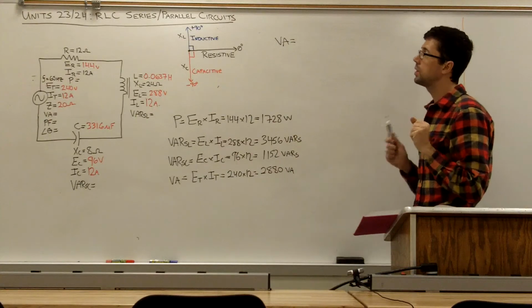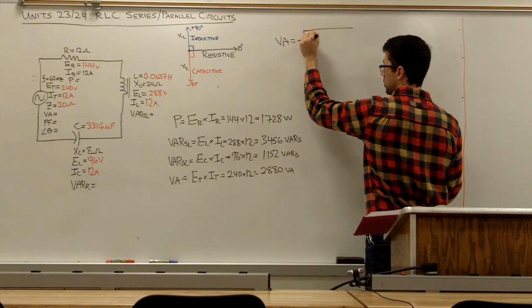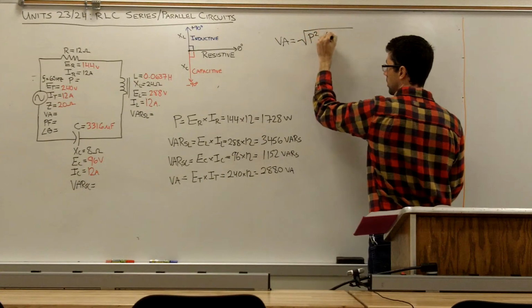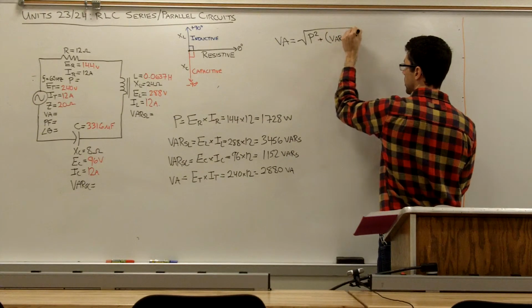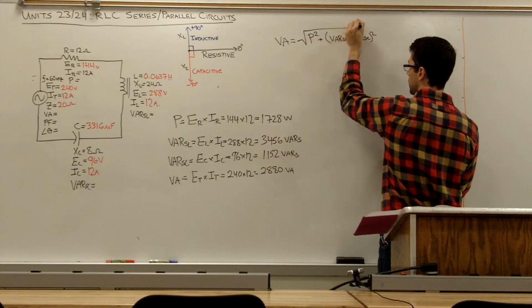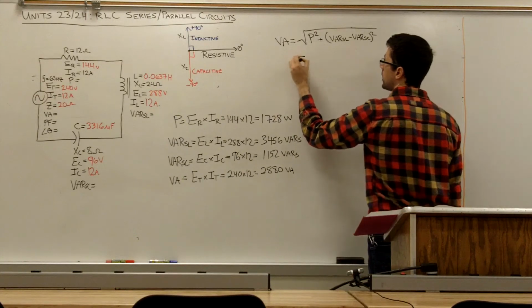Once again, we must treat these as vectors. So this is going to be equal to the square root of the true power squared plus (the reactive power of the inductor minus the reactive power of the capacitor) squared. See what we get.